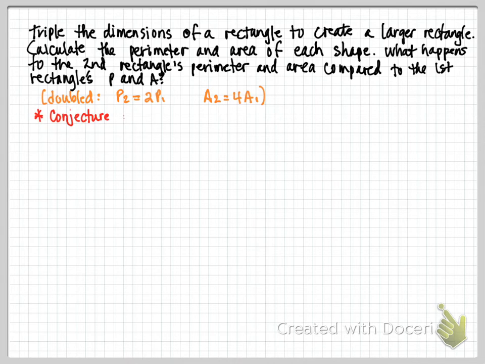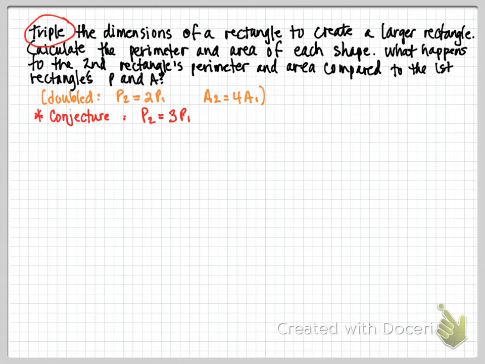So let's think. When I doubled, I multiplied the perimeter by 2. So when I triple, do you think maybe the bigger perimeter would be 3 times the smaller perimeter?